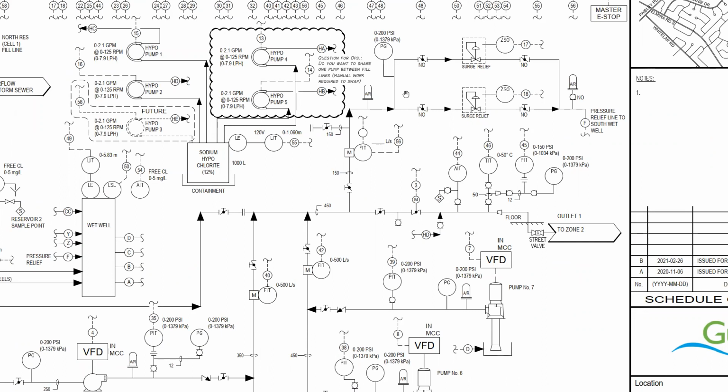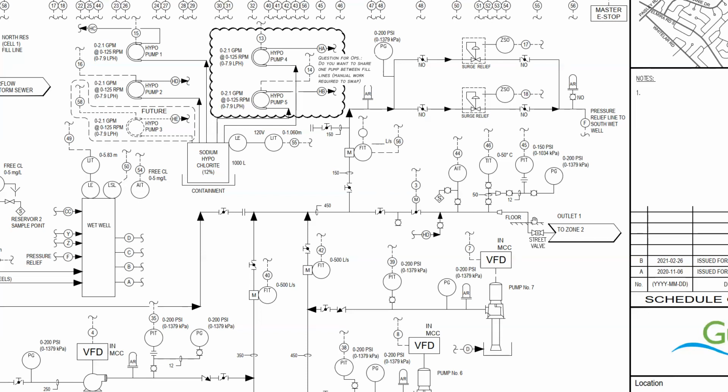And then as that pressure increases on this side of the internal globe of these valves, it's going to drive the valve open so that the water will then bleed through and then pressure relief into one of the south wet wells. So the south wet well is just a massive reservoir underground.